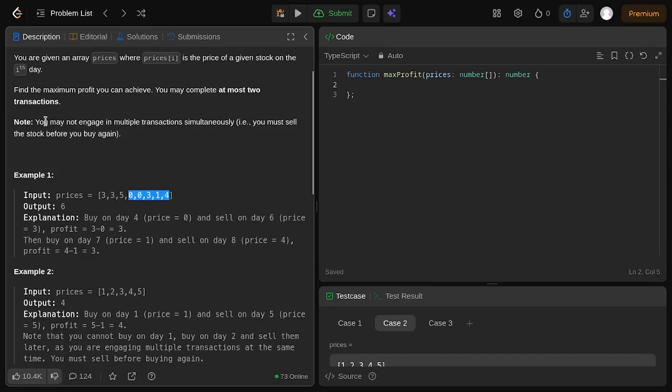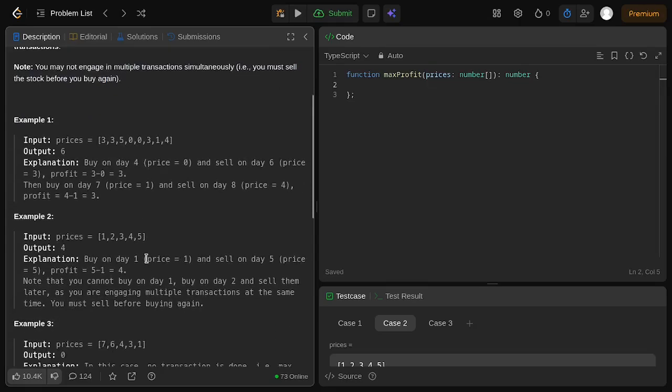To take note, we may not engage in multiple transactions simultaneously, we must sell the stock before we can buy again. On example number 2 right here, we have the prices of 1 to 5, and we have the output of 4, instead of 1 here, and 1 here, and 1 here, and 1 here. It is not 2 but 4.